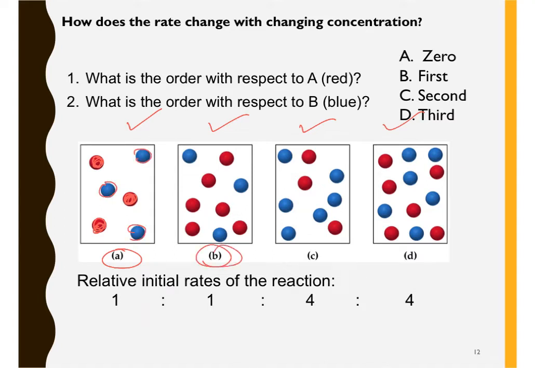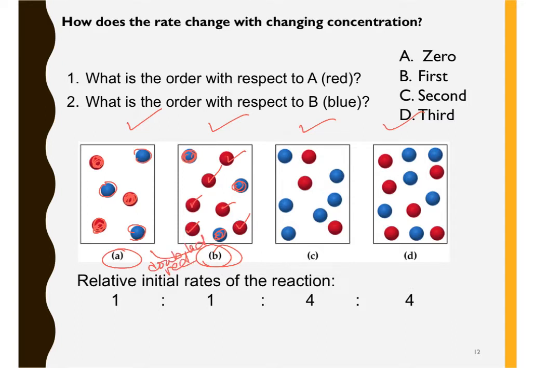Compare that to experiment B. The concentration of blue is still 3, but what's happened to the concentration of red? Red has gone from 3 to 6, so we have doubled the red reactant.